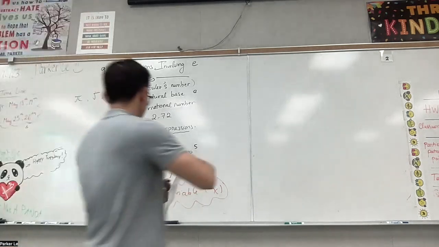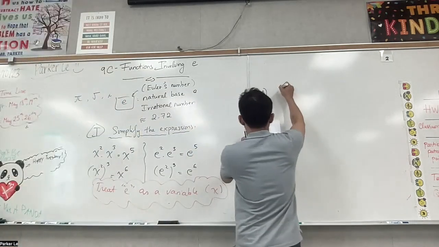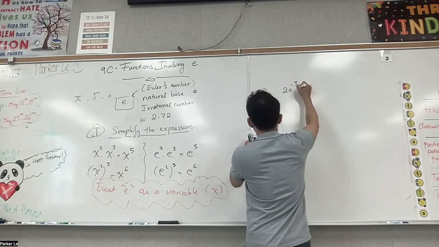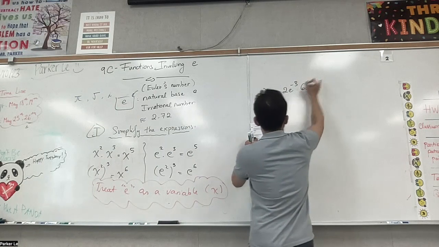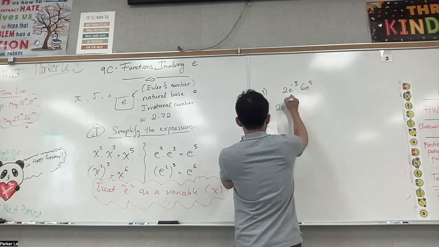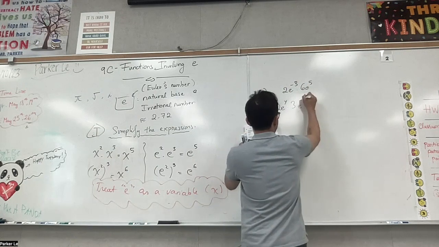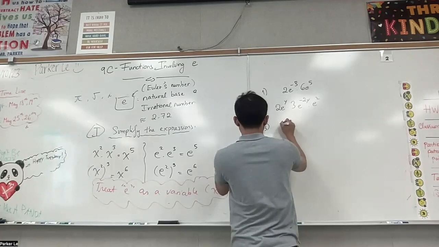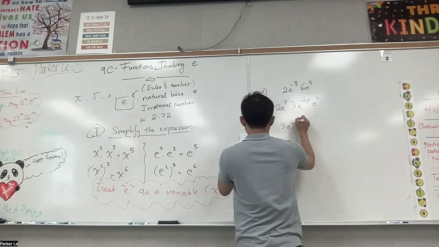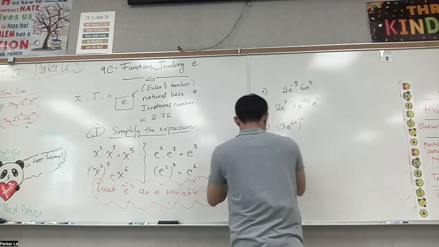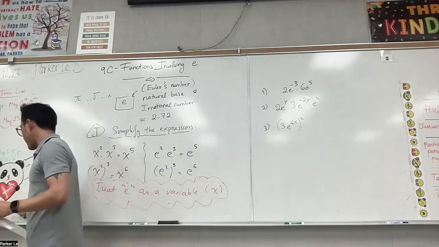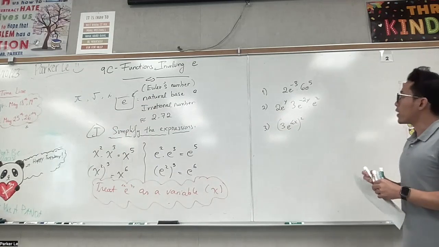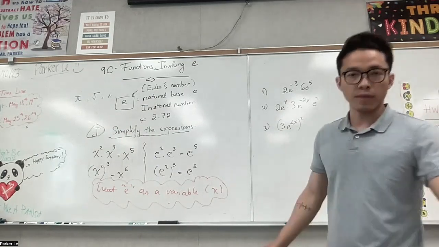All right, let's warm up. First one, number 1: 2e to the negative 3 times 6e to the 5.